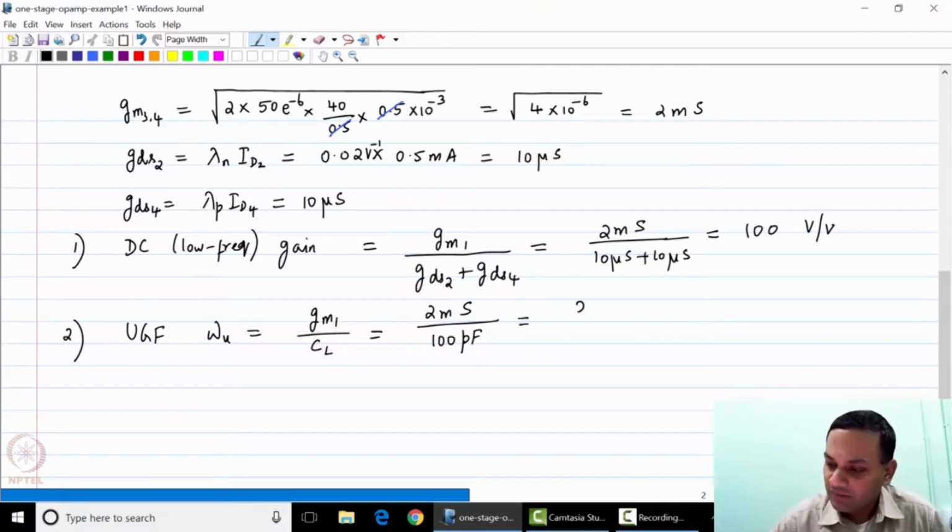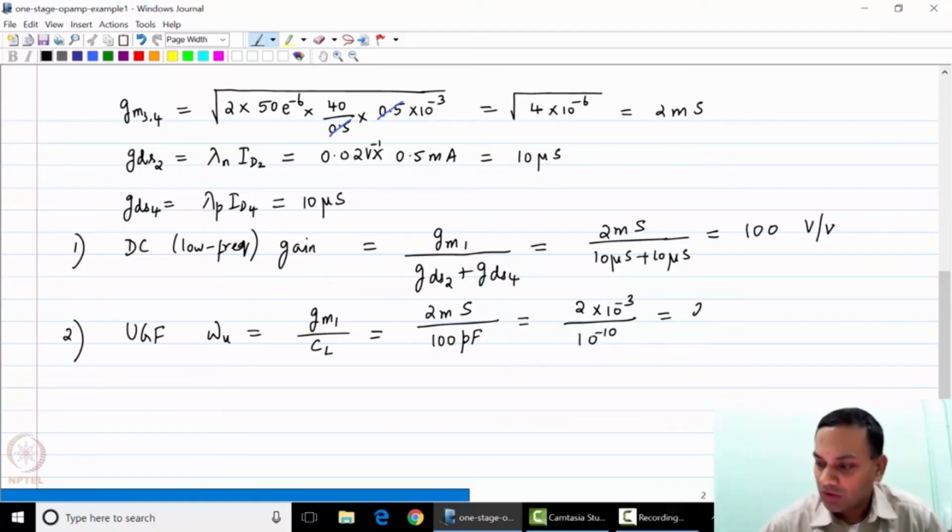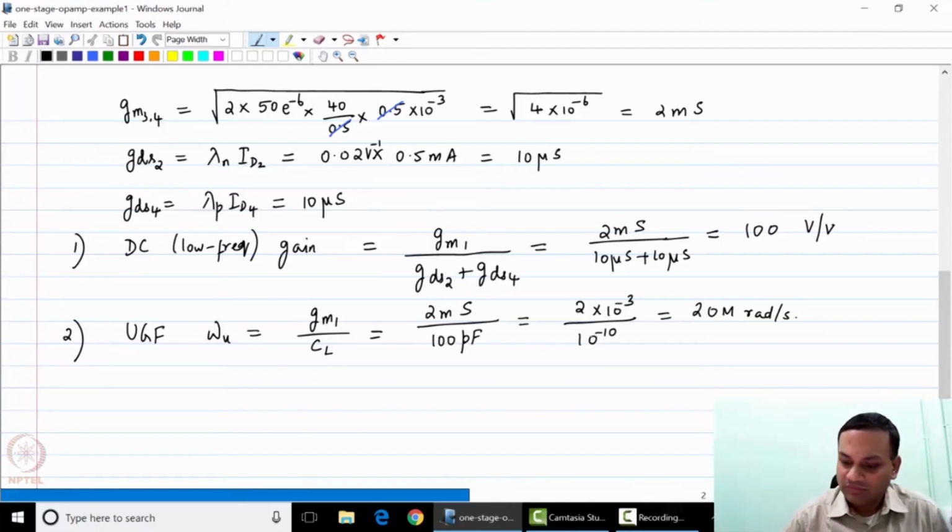So this is 2 into 10 power minus 3 over 10 power minus 10. So this is 20 megaradian per second. Of course, Fu is omega u over 2 pi.